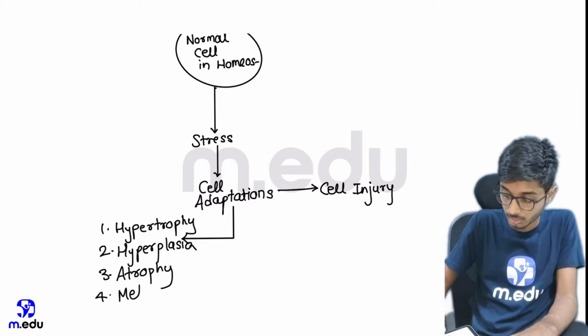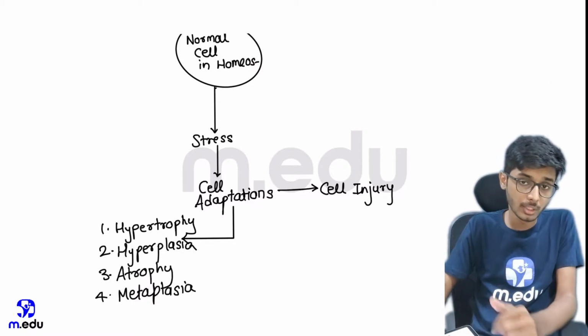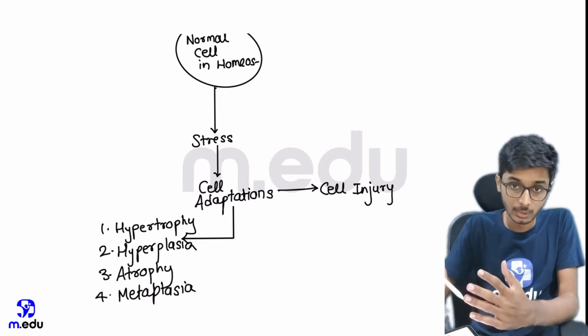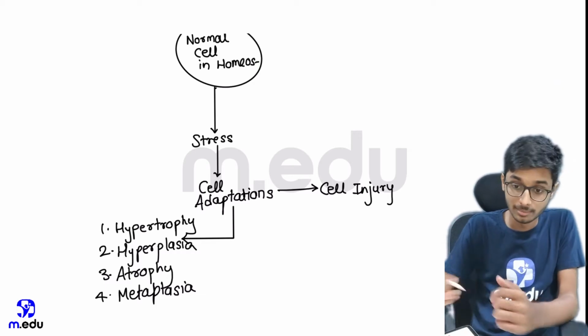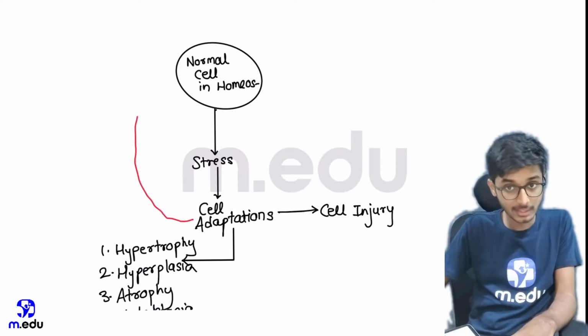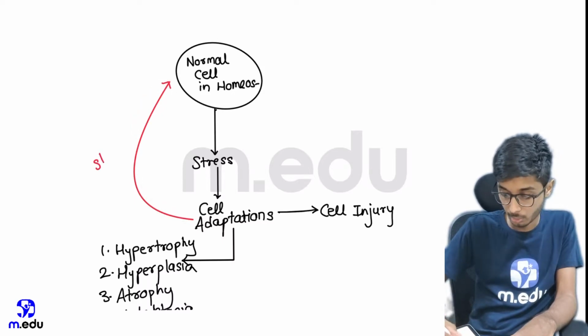And number four is metaplasia. We are going to be covering all of these other types of cell adaptations in our next videos, so make sure you're subscribed for that. When the stress gets removed, the cell automatically turns back into a normal cell.